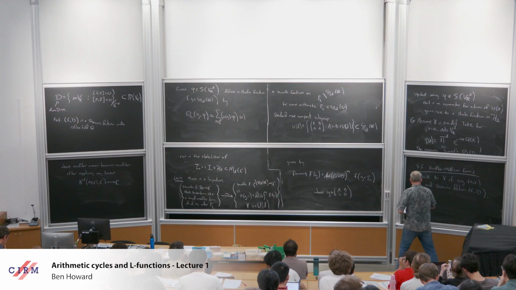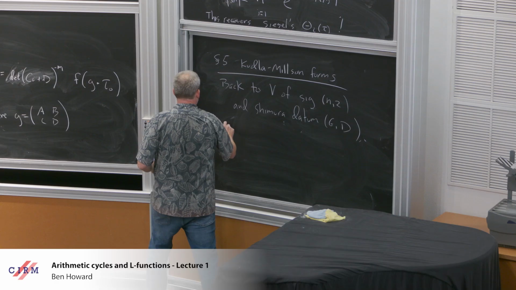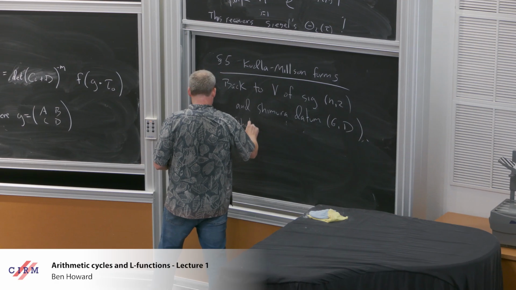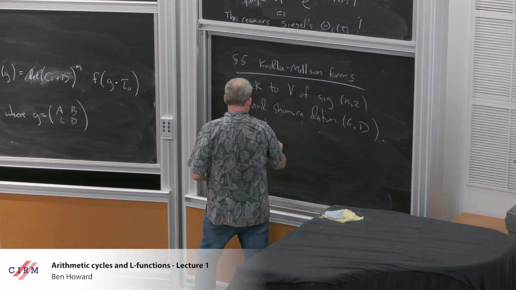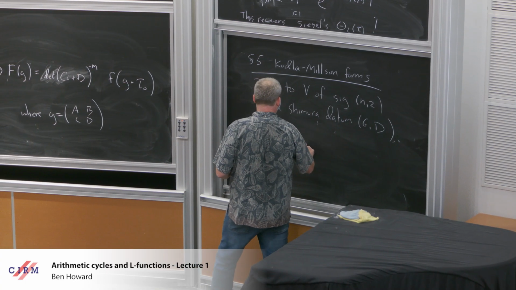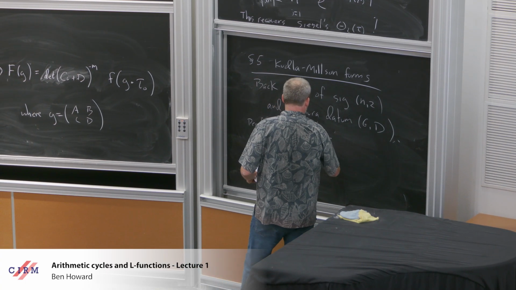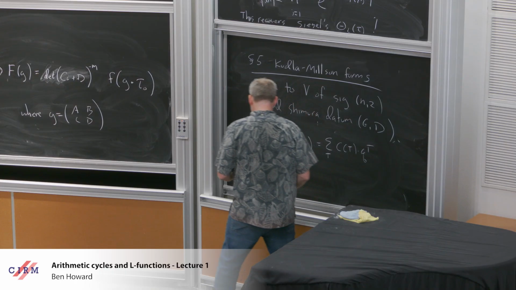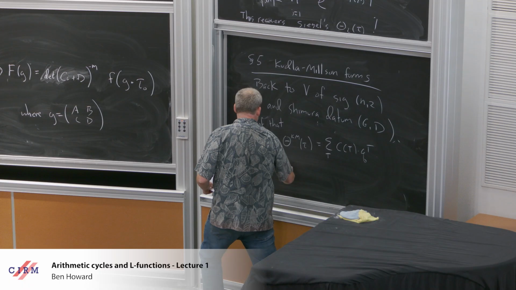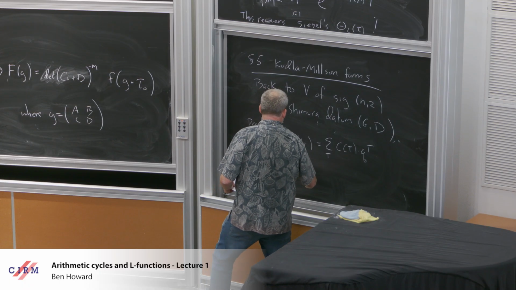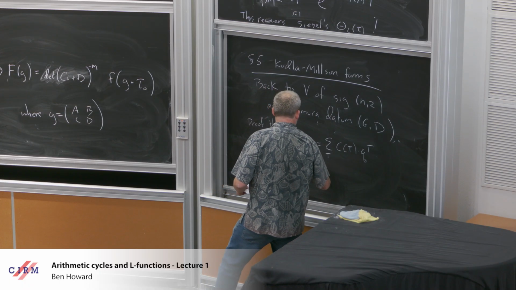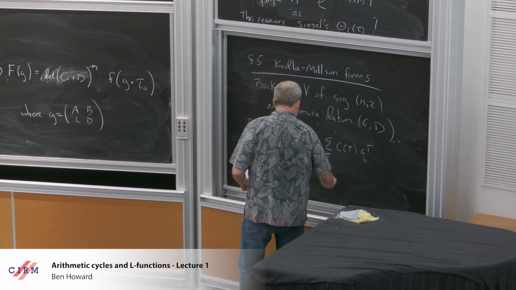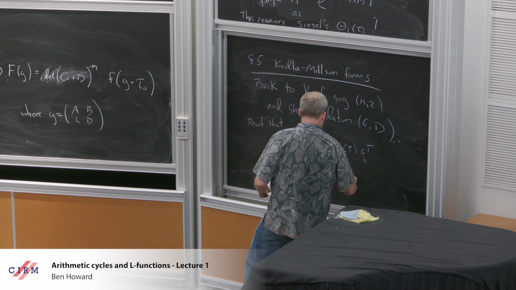Okay, so the proof that this theta km, q to the t, valued in cohomology. So we're going to go back to just one connected component of our Shimura variety.